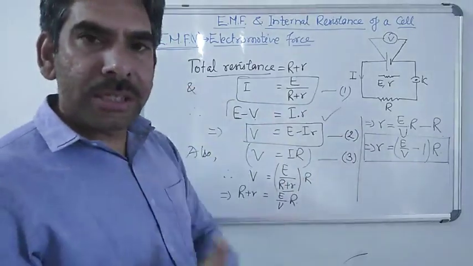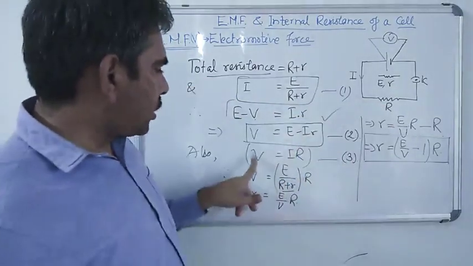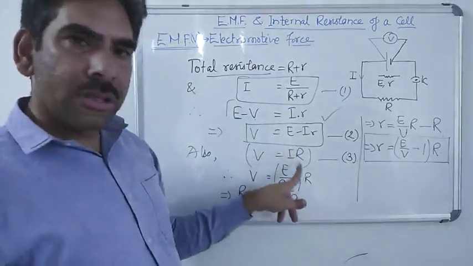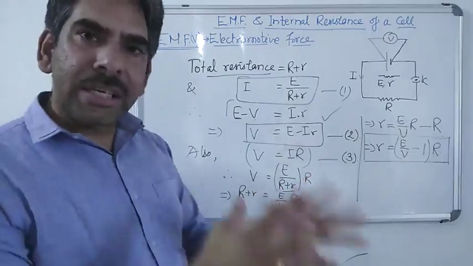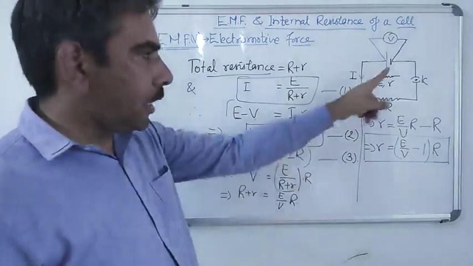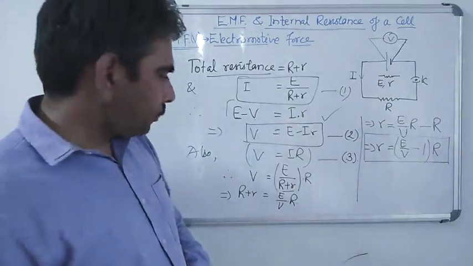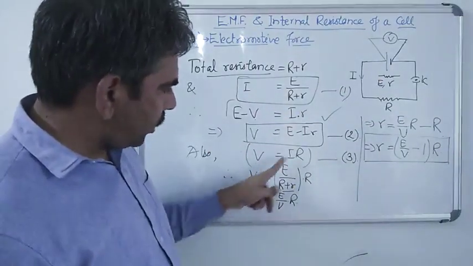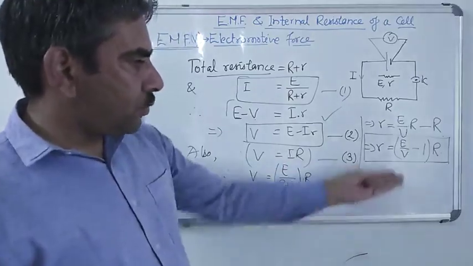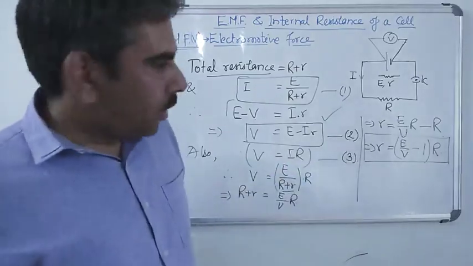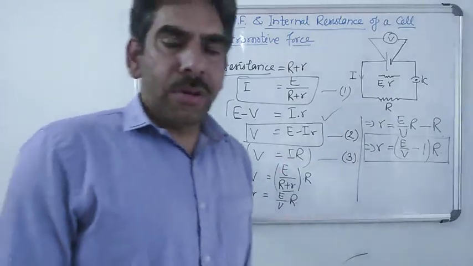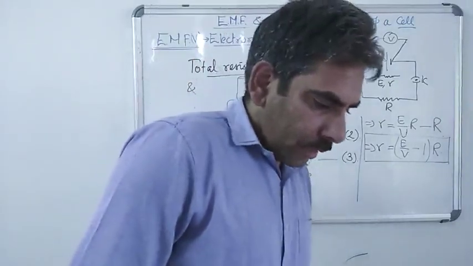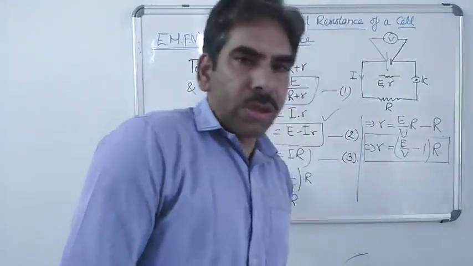If there are a number of resistances, the terminal potential difference is also the same as the potential difference across the net resistance of the circuit, except the internal resistance, right? So using the value of I in this expression, we calculate the internal resistance, which we get as this. So this is all for now, and in the next topic we will take up the grouping of cells.